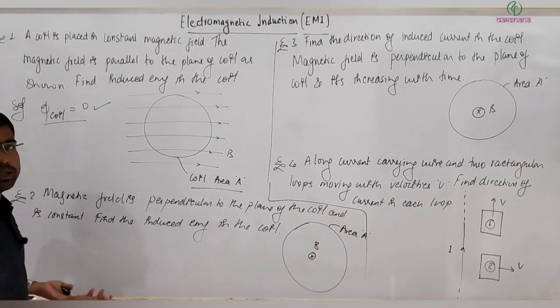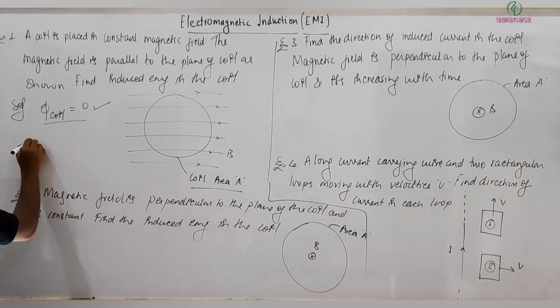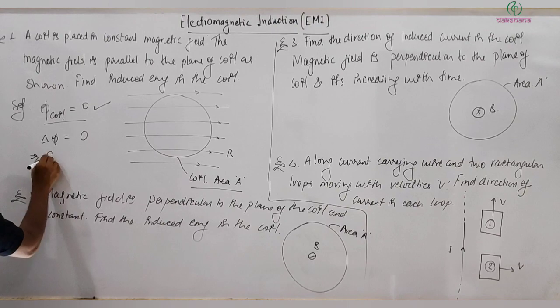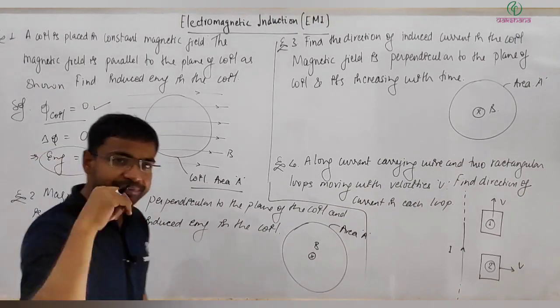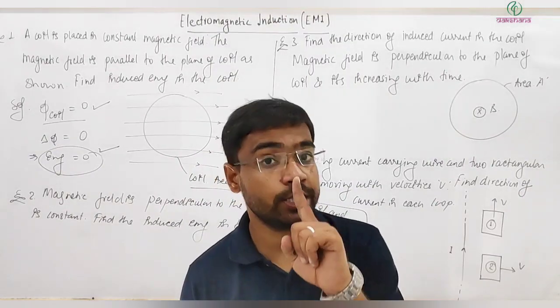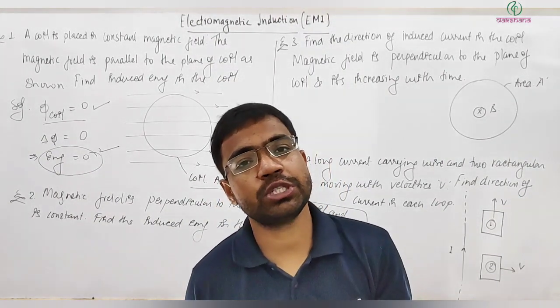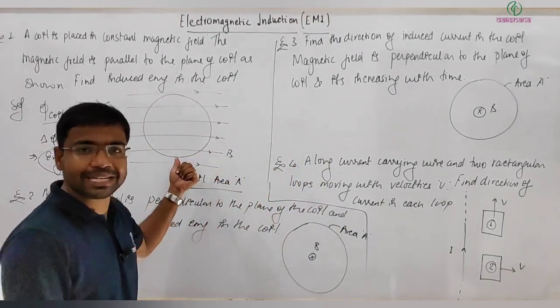When flux is 0 and it's not changing, d phi is also 0. This implies the induced EMF will be 0. So when the field is there and the coil is there, but there is no flux and no change in flux, then the EMF induced in the coil will definitely be 0, right? I hope that makes sense to you.